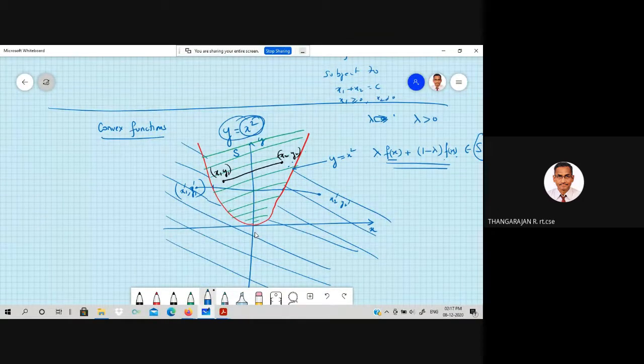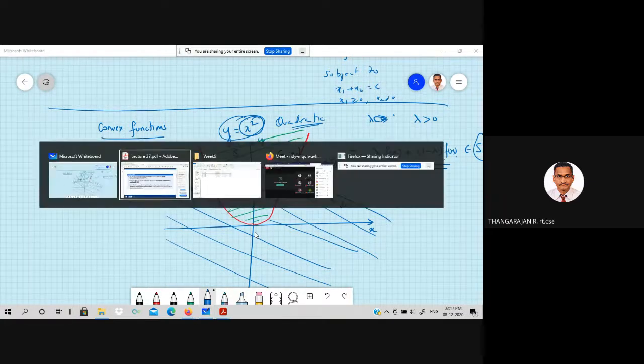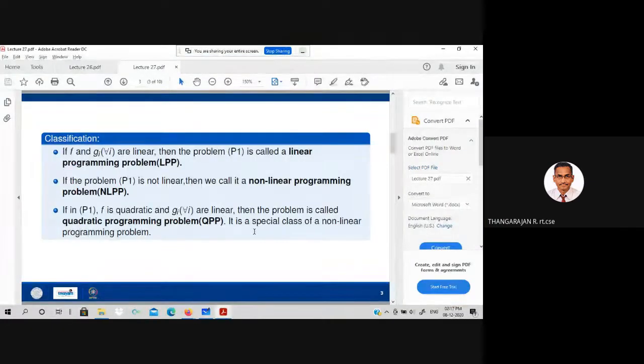So it is non-linear, but it involves power 2, a square, so it is quadratic. Such functions are called a special case of non-linear functions, so we call it quadratic. The quadratic programming problem, QPP, is a special case of the non-linear programming problem.